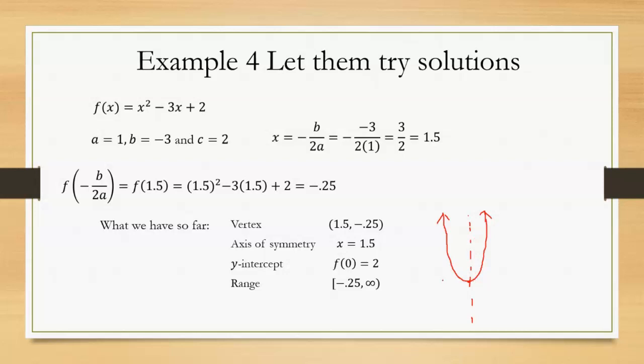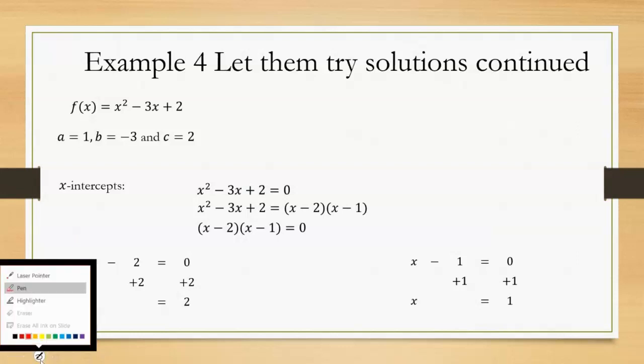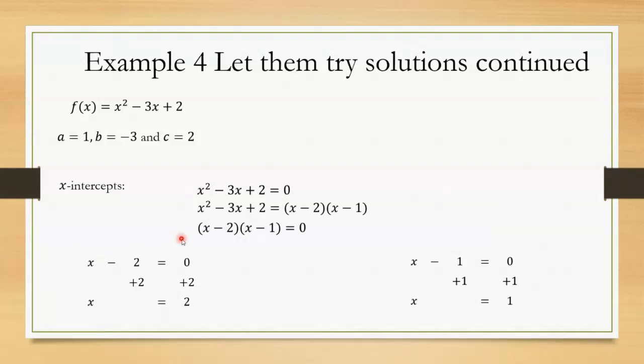But to get a better graph, we really need the x-intercepts. So that's what I'm finding here. Notice here I'm actually factoring it. You could use the quadratic formula if you wanted to, either one. I'll tell you what method to use if I want you to use a certain method. Otherwise, you can use any method you want. So here we have this trinomial, and we're going to factor it.